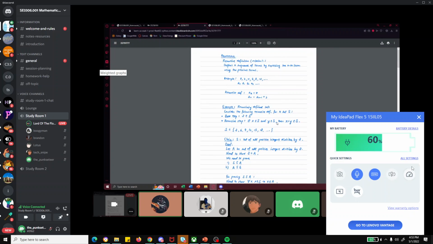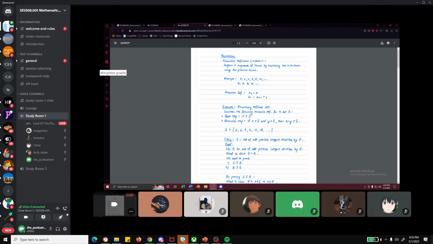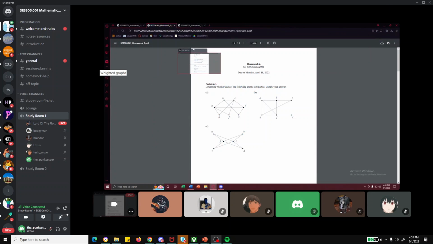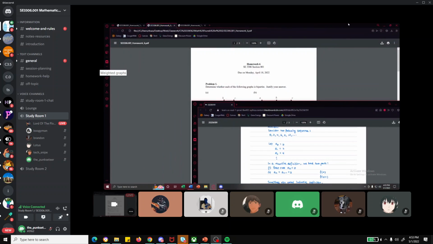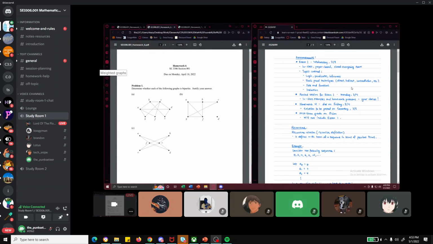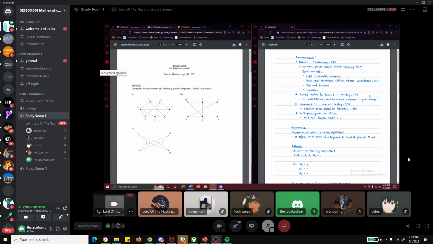All right. Oh god, so many tabs now. Wait, what? Wait, recurrence is gonna be on there? Are we sure? Yeah, never mind.